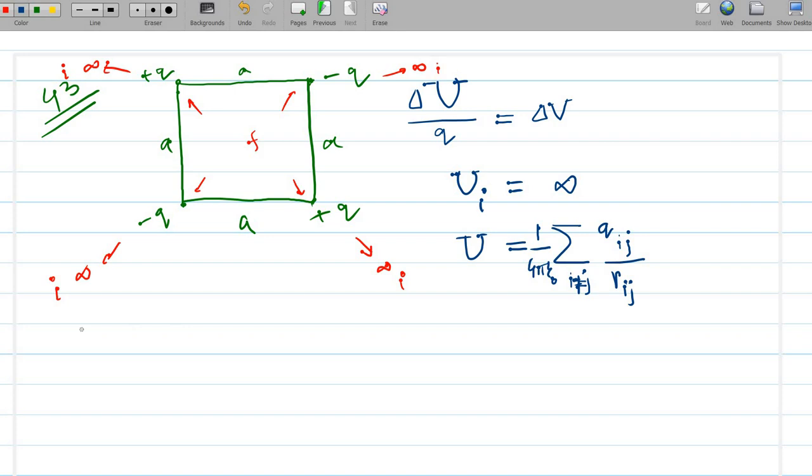If I break it down, what should I get? I should get U equal to 1 by 4 pi epsilon naught, and then I have, let me give them some names. So this would be Q1, this would be Q2, this would be Q4, this would be Q3.